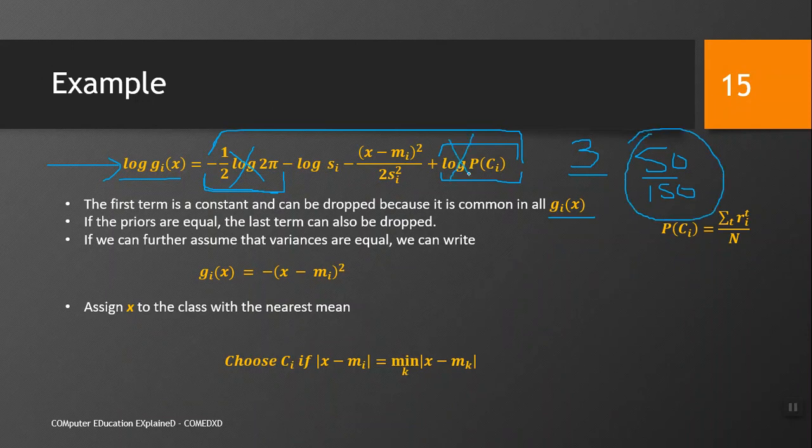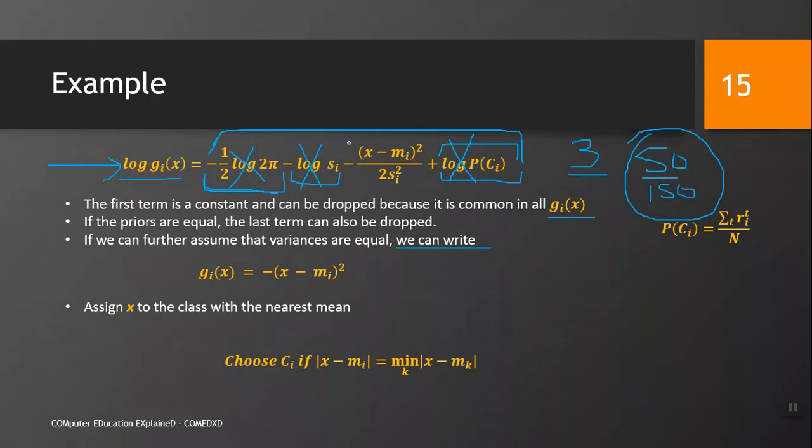So, we can also ignore it. If we can further assume that variances are equal, again we say that log S1 is equal to log S2 is equal to log S3 and so on. So, if these are equal and we assume so, we can also neglect it.